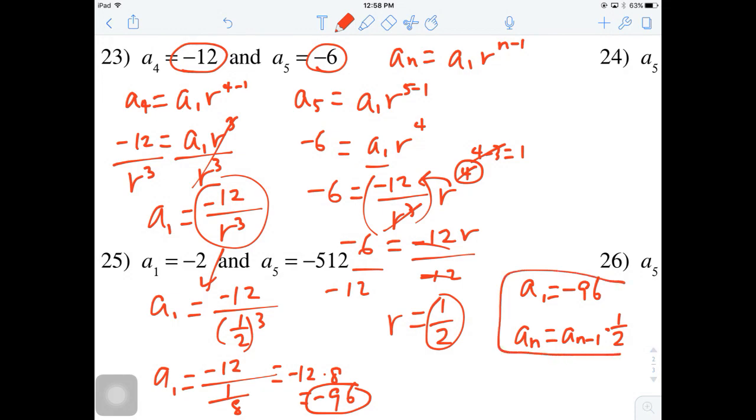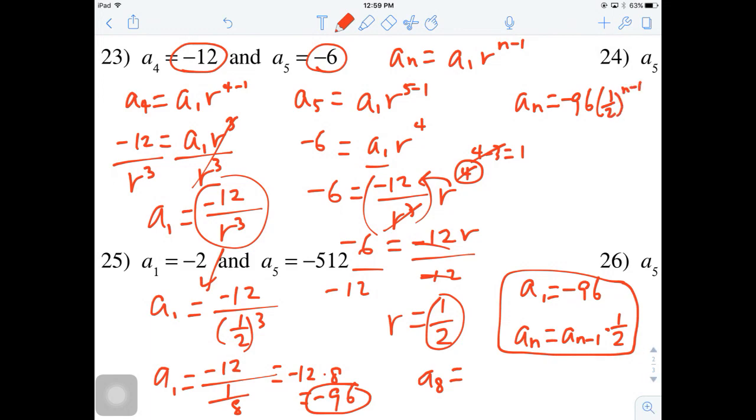And the last thing that we're going to do to address the problem is it's asking us to find a of 8. Of course, you can use the recursive and keep going with the list, or you can use the explicit rule, which is a of n equals negative 96 times the ratio of 1/2 to the n minus 1.